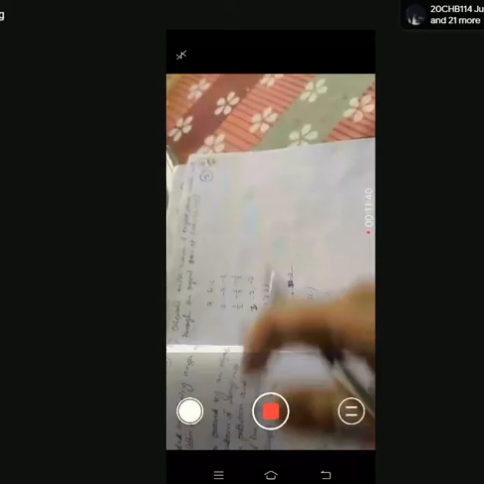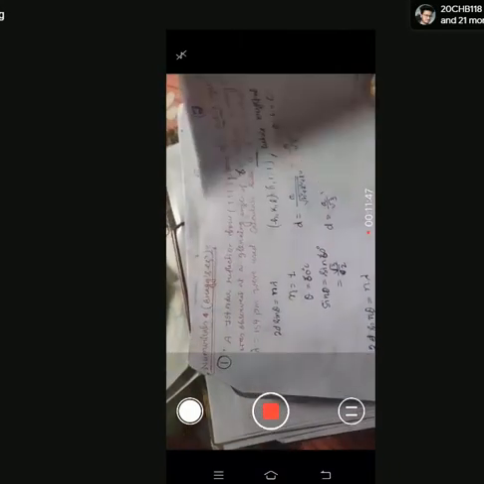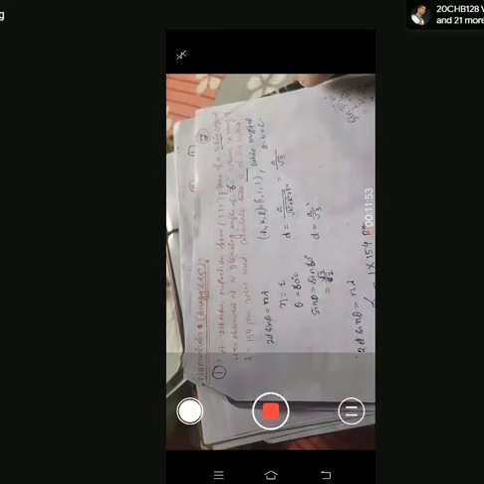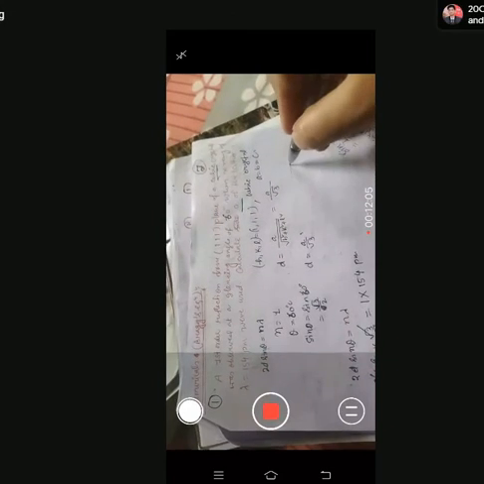Now you see, I am showing you a numerical. It is very interesting. A first order reflection from the 111 plane of a cubic crystal was observed at a glancing angle of 60 degree when X-ray of lambda equal to 154 picometer was used. Calculate A, the side length of the cubic lattice.